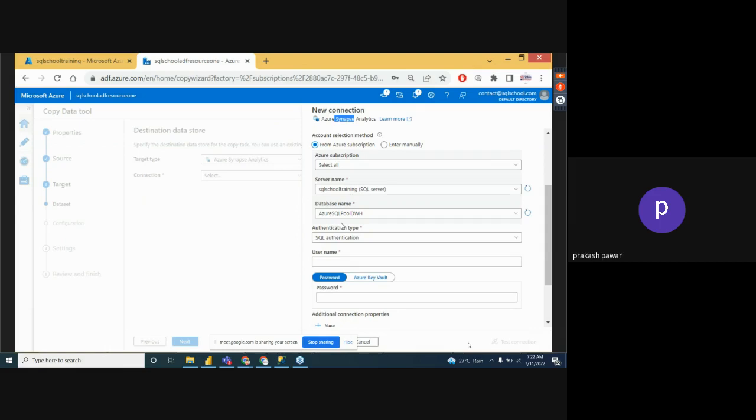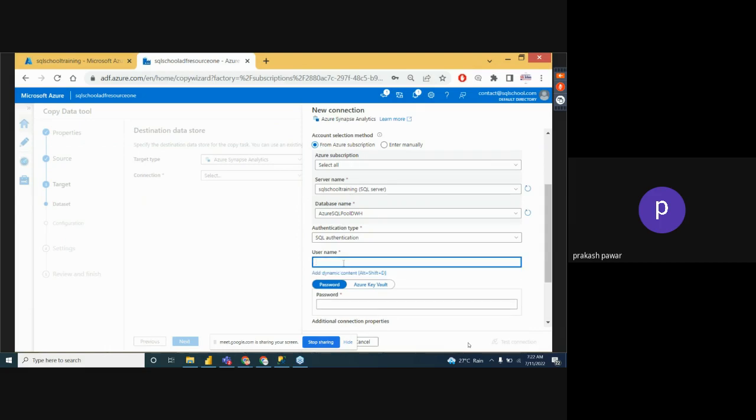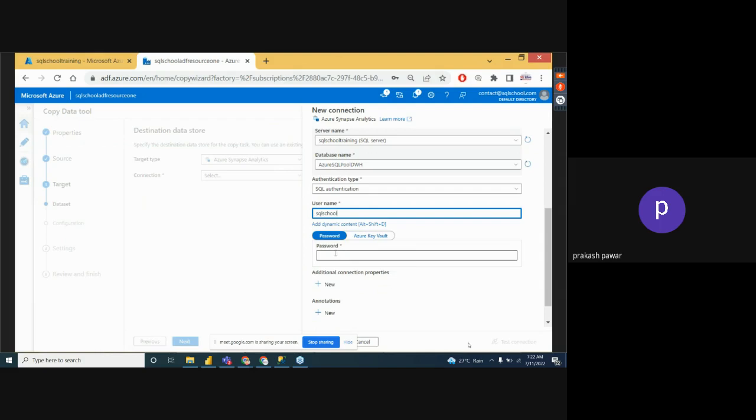With this information, give the username. Password. Give the password like this.